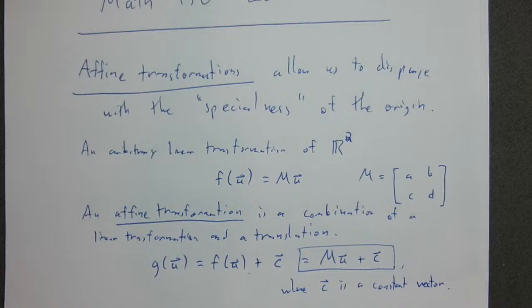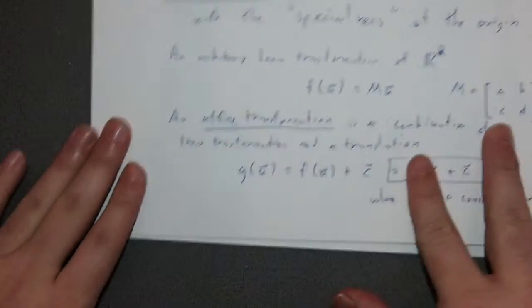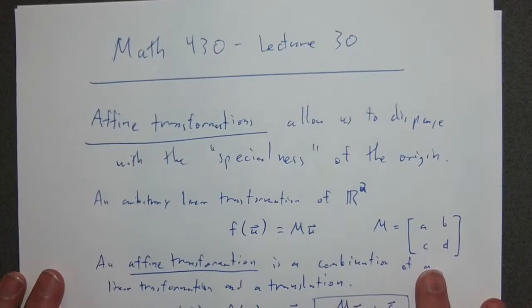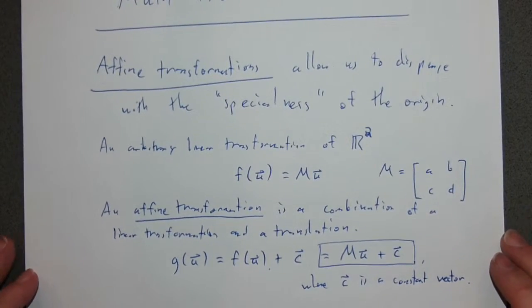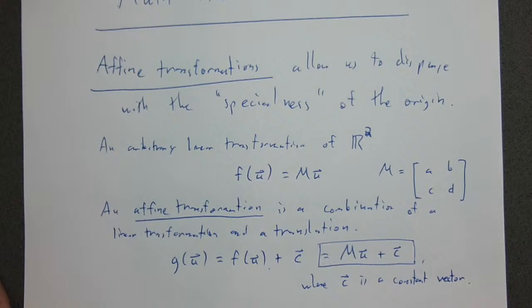They preserve straightness, length, angle, and circularity. In fact, translation is just moving like this. They preserve everything except position. Position is the only thing that is not preserved. And so they preserve everything that linear transformations do, except position. And so affine transformations allow any point to become the origin.